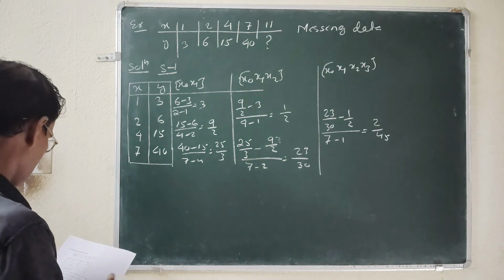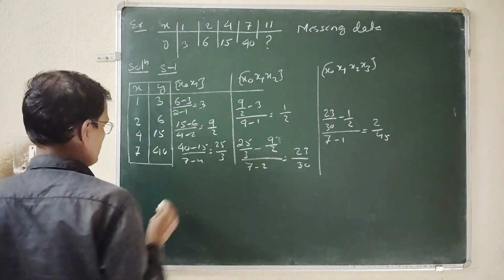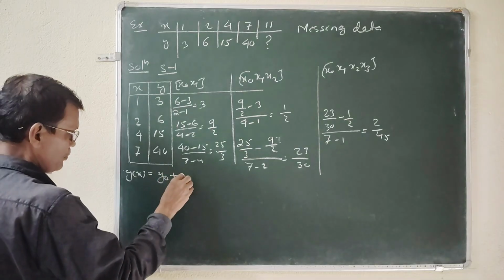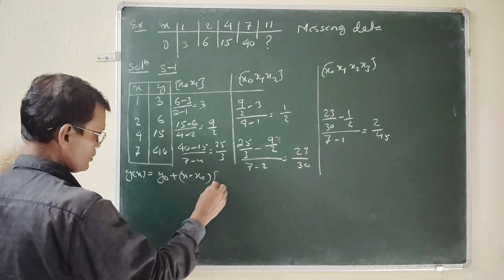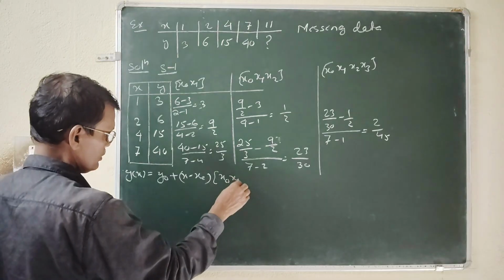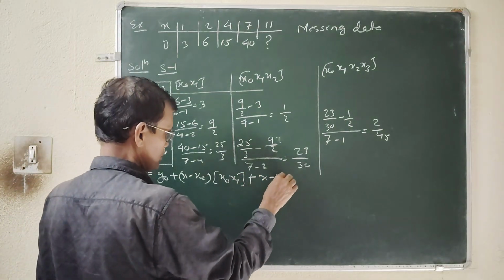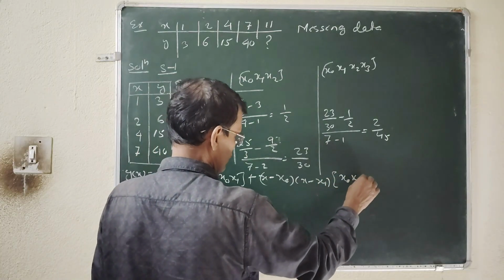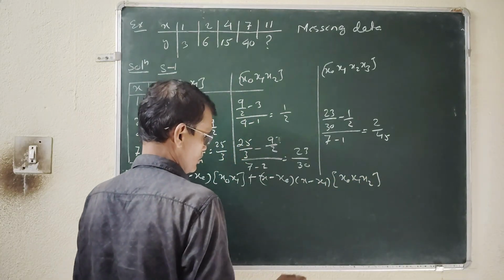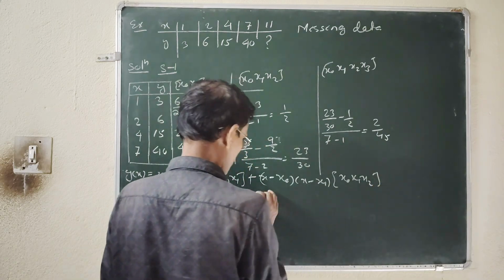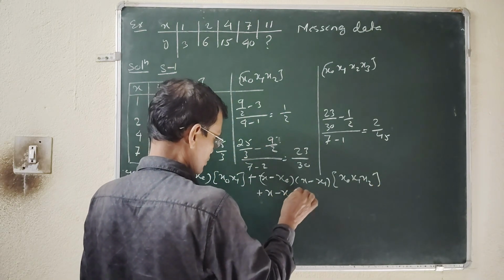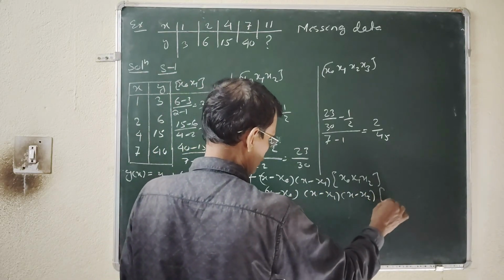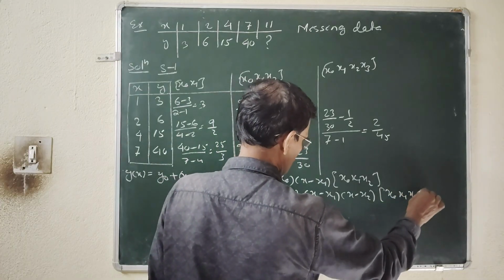Then we have to find the value of y for x. What is the formula? y of x is equal to y0 plus x minus x0 into the first order, that is x0, x1, plus x minus x0 into x minus x1 into the second order, that is x0, x1, x2, plus the third order, that is x minus x0 into x minus x1 into x minus x2 into x0, x1, x2, x3.